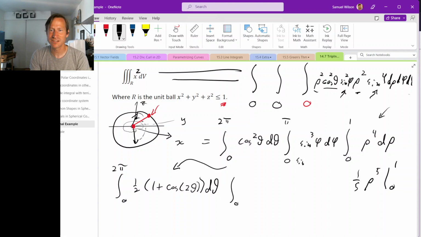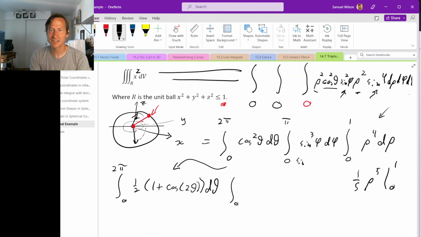Okay. So for our theta integral, now we can just do this integral. This is 1/2 theta plus 1/2 sine 2 theta from 0 to 2 pi. For our phi integral, we need to distribute this sine phi.